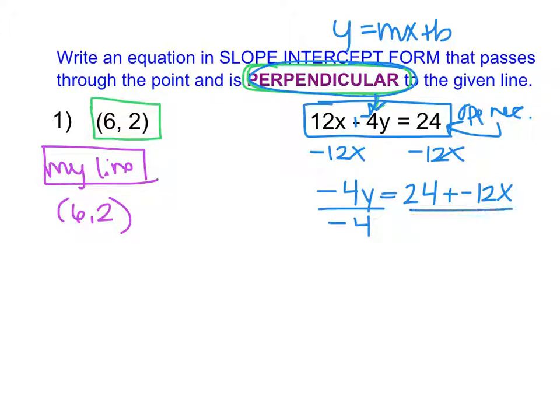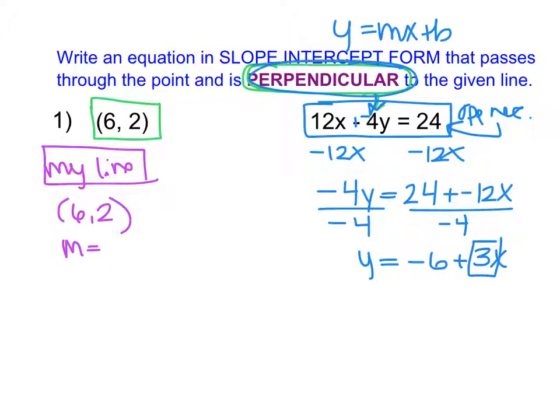Divide both sides by a negative 4. So I have y is equal to negative 6 plus 3x. Here I can see that the slope of my line over here is 3. And I'm going to use this knowledge to help me find the slope of my line over here.